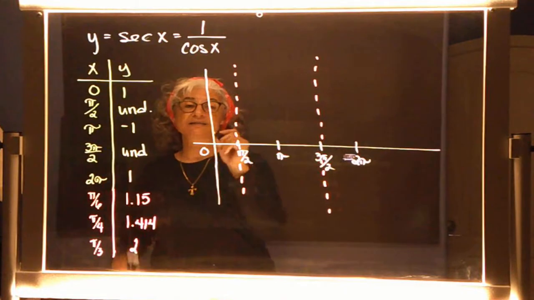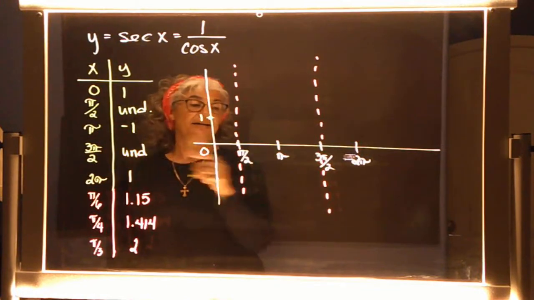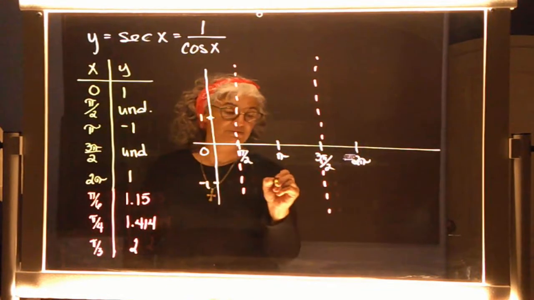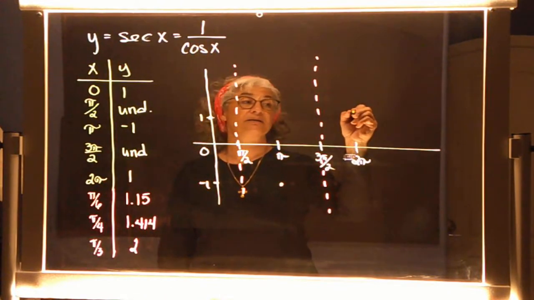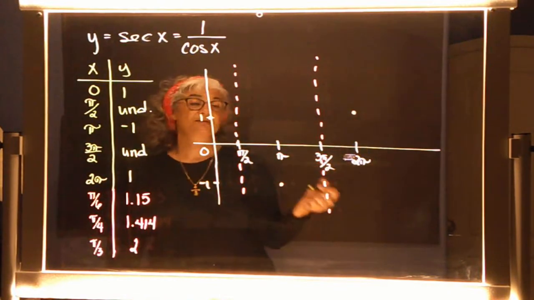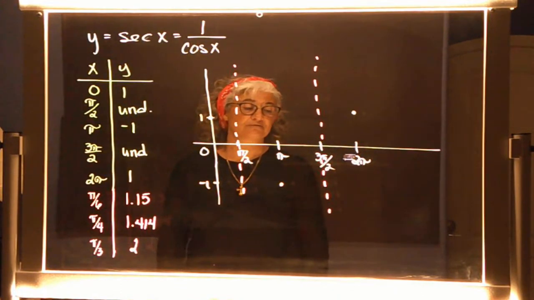We know that at 0, we get 1. We know that at pi, we get -1. And then at 2 pi, we get 1 again. So I have 3 dots, which I can't connect because of the asymptotes in between, right?